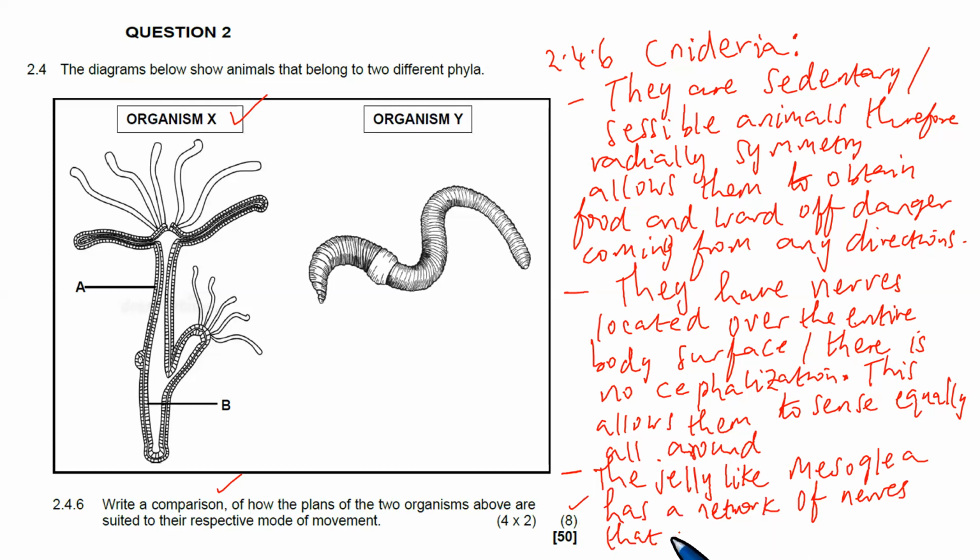But the jelly-like mesoglea has a network of nerves that enables coordinated movement, because you can see that it's like a jelly-like structure.